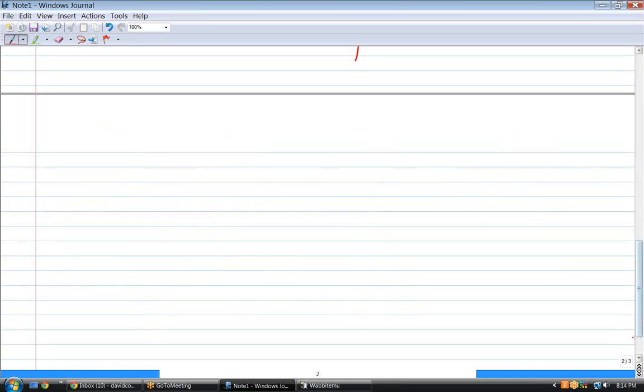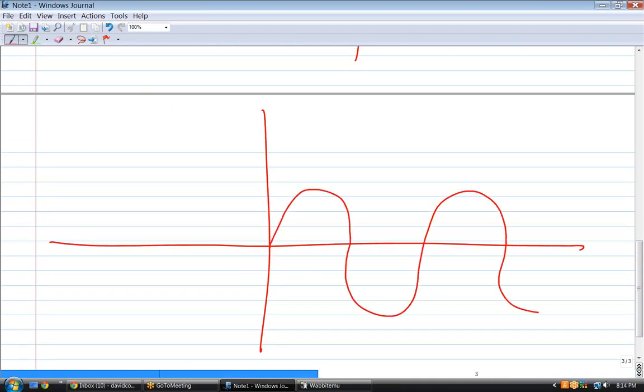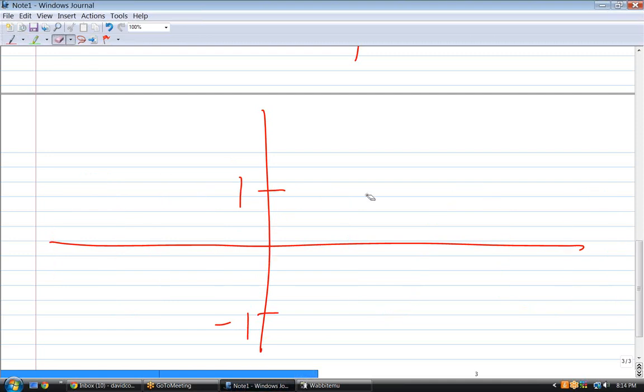If I draw a sine curve like this, what's the domain? Negative infinity to infinity. What's the range? -1 to 1. Right. So if I'm talking about the inverse of this, the only way you can talk about the inverse is if you've restricted the domain.